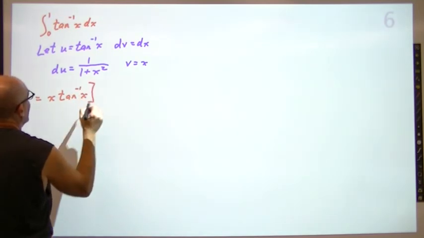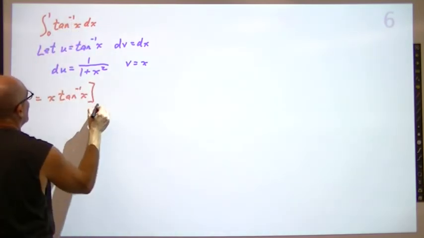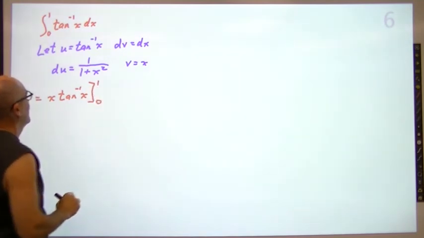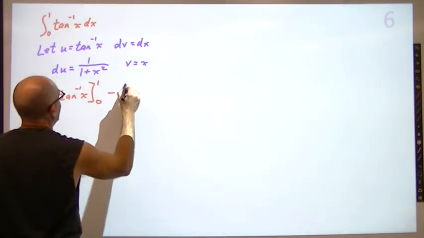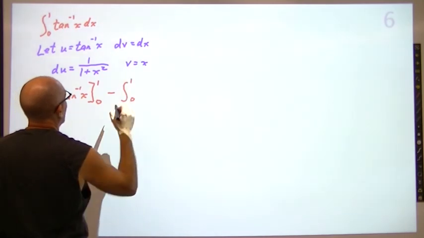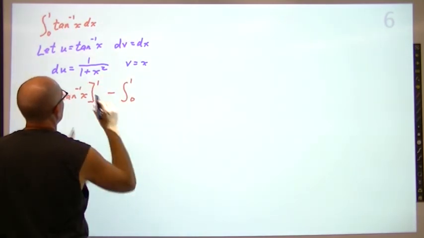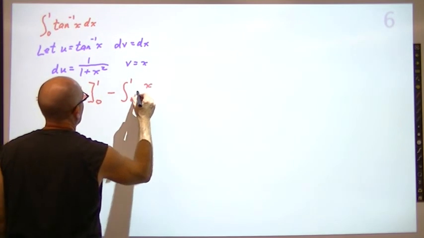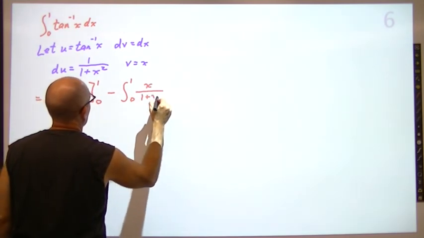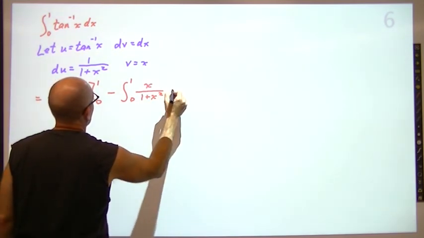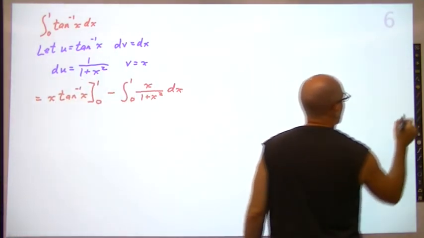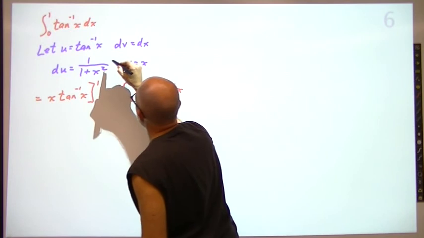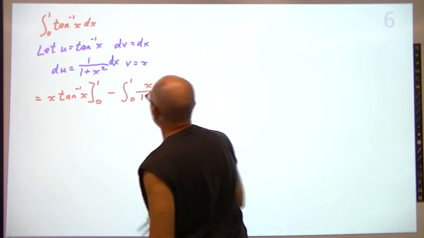Now remember, this is evaluated from 0 to 1, minus the integral of v du. Oh, and I forgot, the du has to have a dx in it.